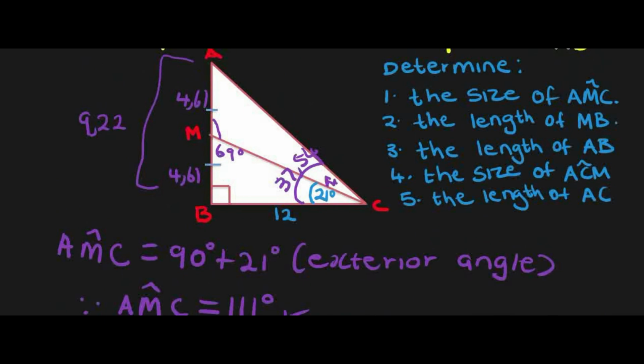Right, now let us go back and check number 5, which is the last question, the length of AC. If you notice here, AC is the hypotenuse side of the big right-angled triangle. Therefore here we can use cos.